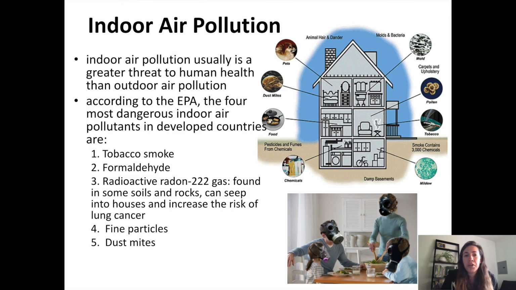problem. We don't spend as much time on indoor air pollution, but you certainly should. This is a great threat to human health. The EPA talks about dangers associated with indoor air pollution: tobacco smoke, formaldehyde, radon, fine particulates, and actually dust mites, which are gross to think about, but certainly exist and can cause respiratory issues in humans.